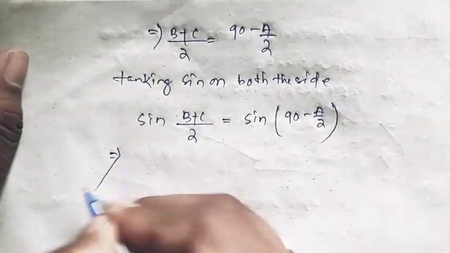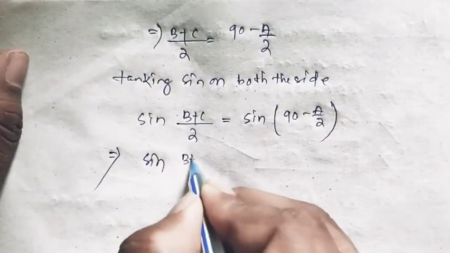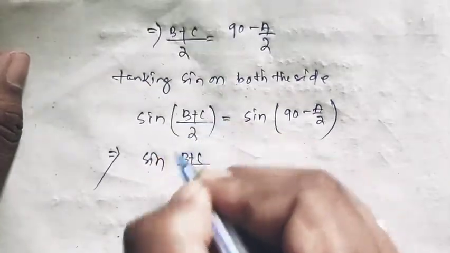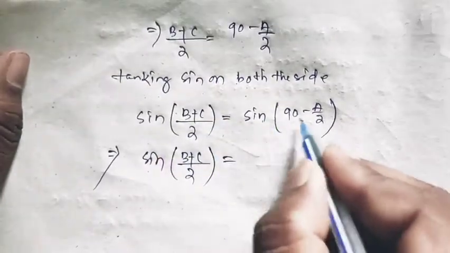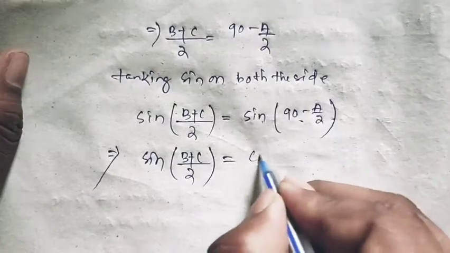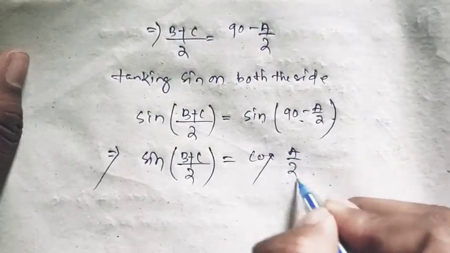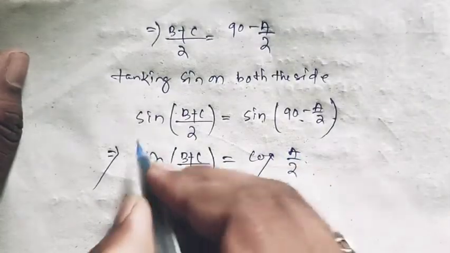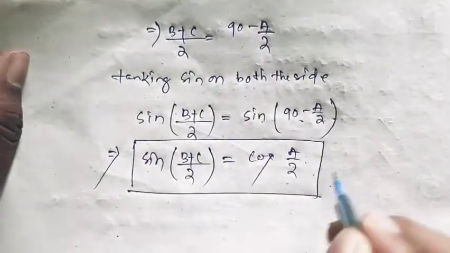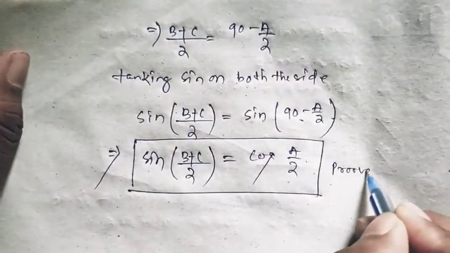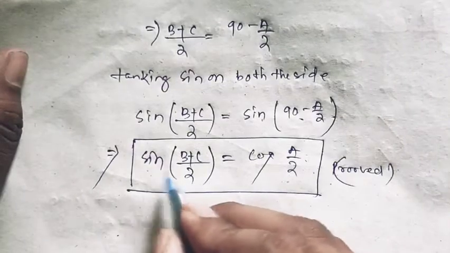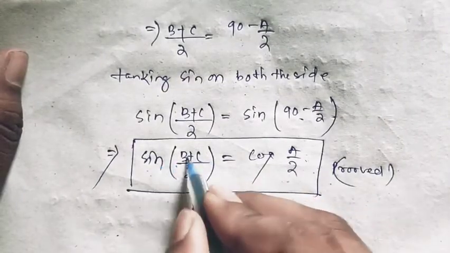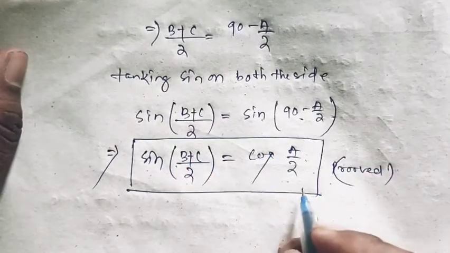This implies sine (B plus C) by 2, using sine (90 minus theta) equal to cos theta, is equal to cos A by 2. So this was given to prove. So hence this is proved. I can write it like proved, right? Given to prove that sine (B plus C) by 2 is equal to cos A by 2.